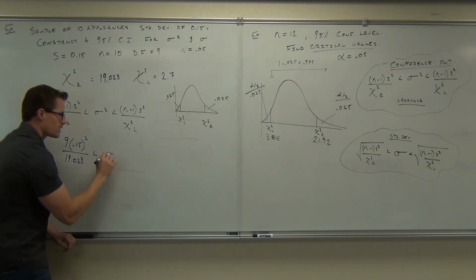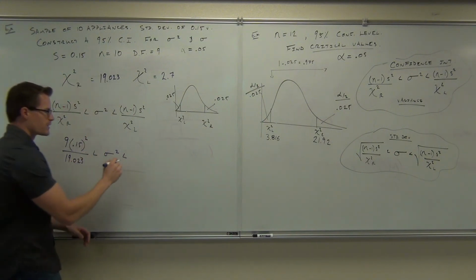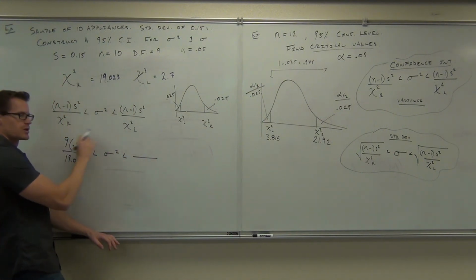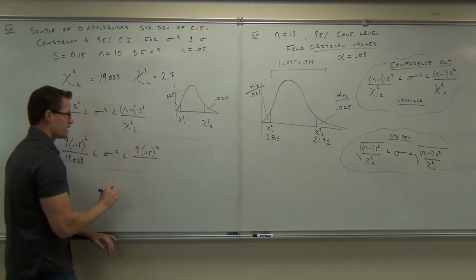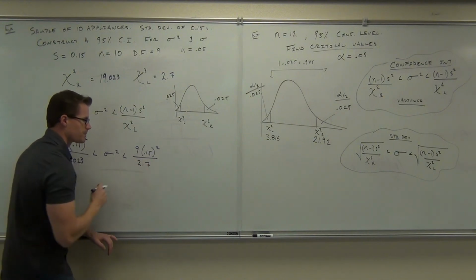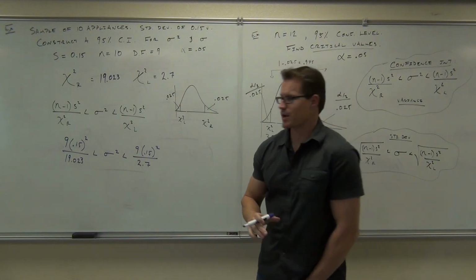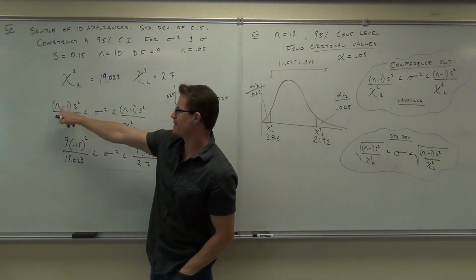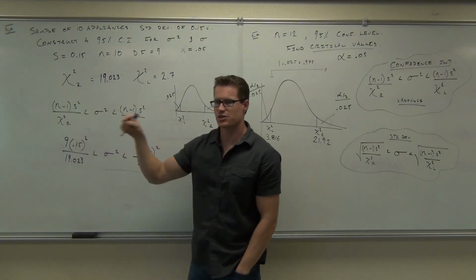That's going to be our lower estimate. And over here we're going to have our upper estimate. It's the same on the numerator, 0.15 squared, but here we're going to put our chi-squared left, that's 2.7. On your calculator, without rounding whatsoever, you do the degrees of freedom in your head. You take your 0.15, you square it, press Enter.